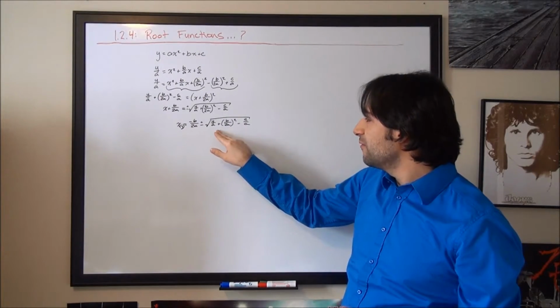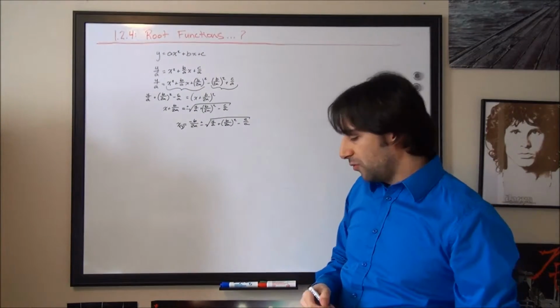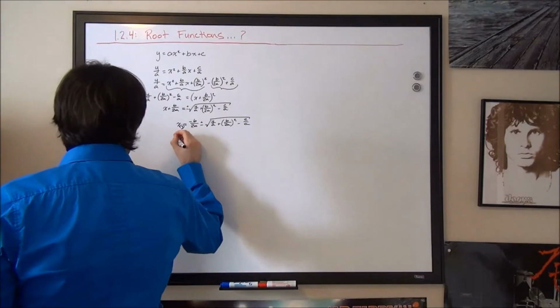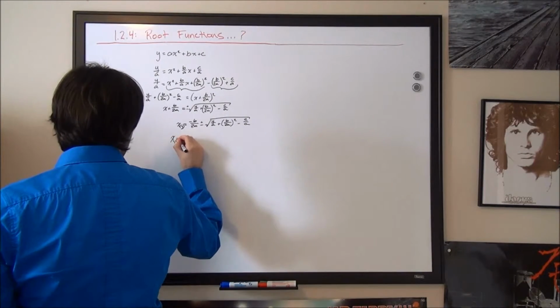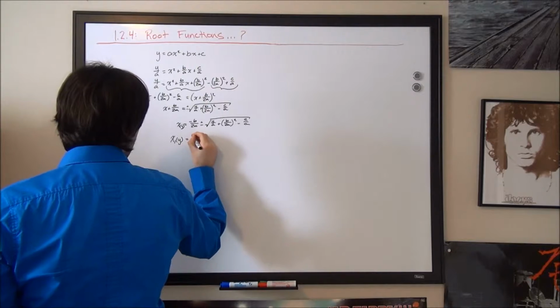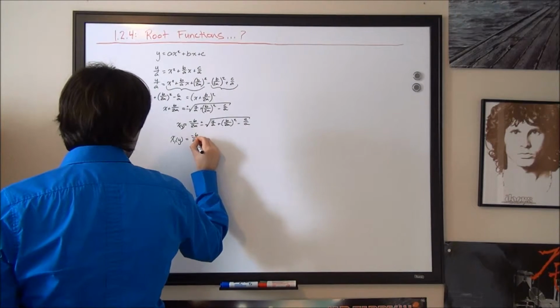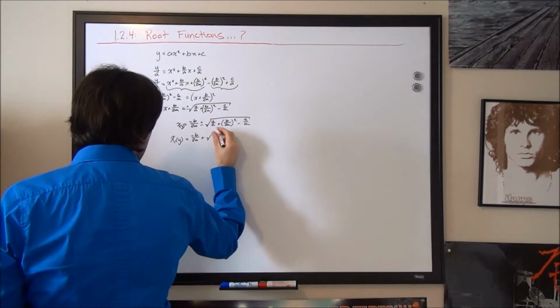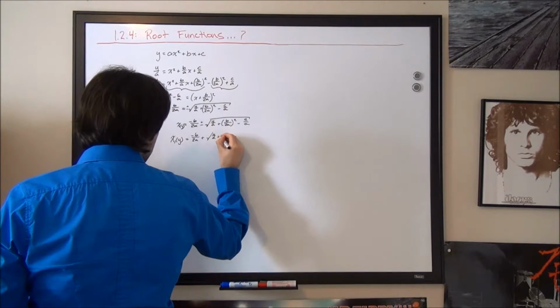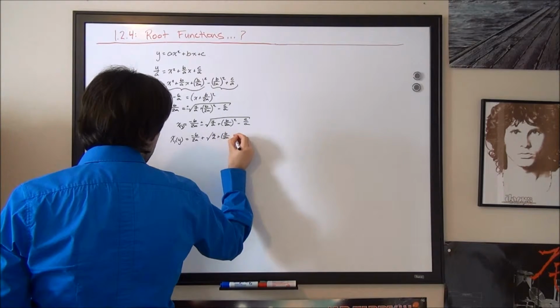But this is really two functions where we could write x1 as a function of y will equal minus b over 2a plus the square root.